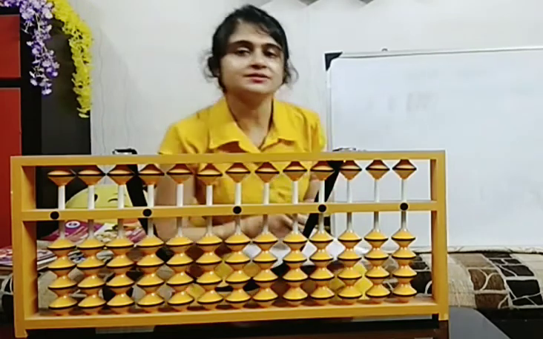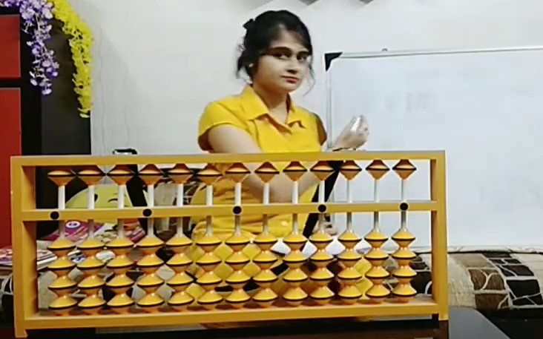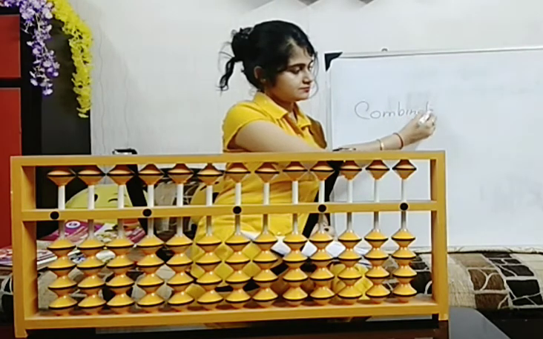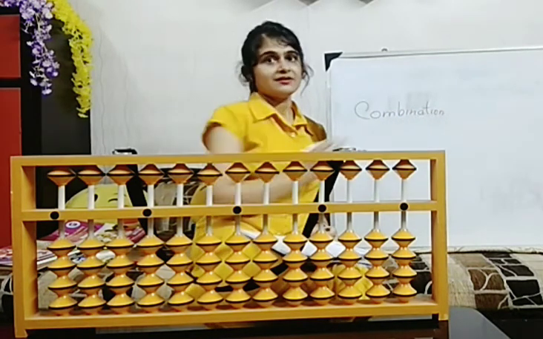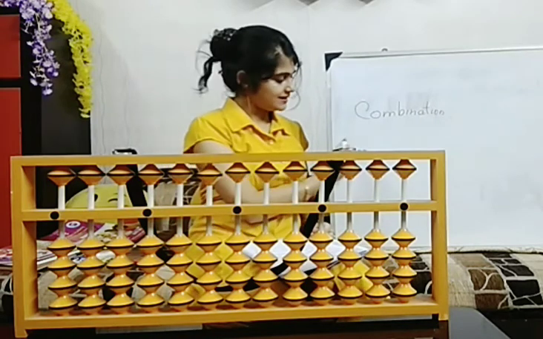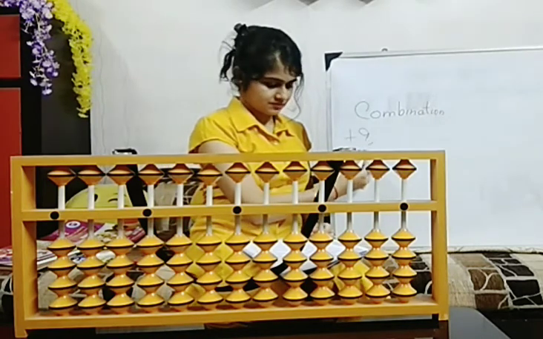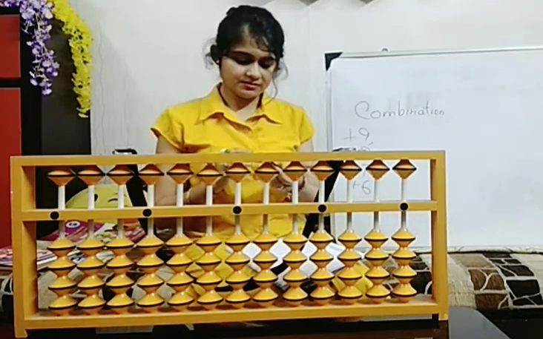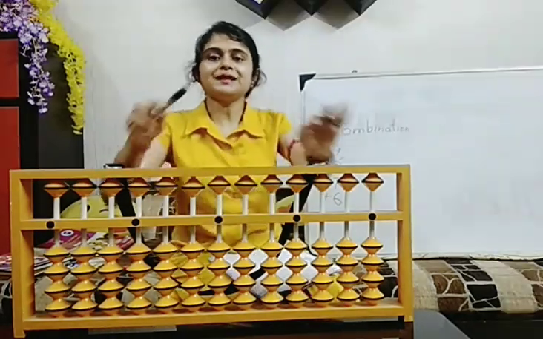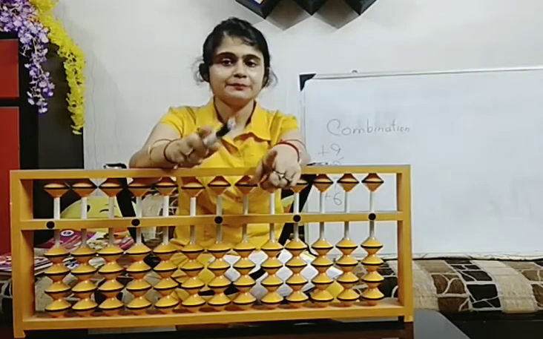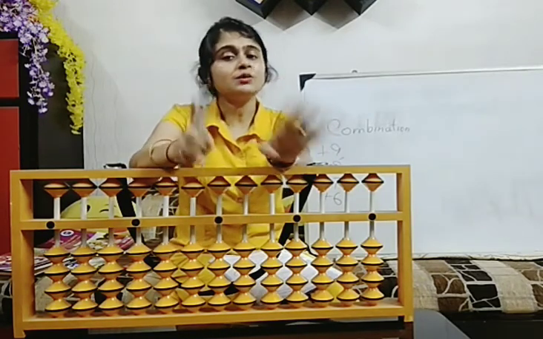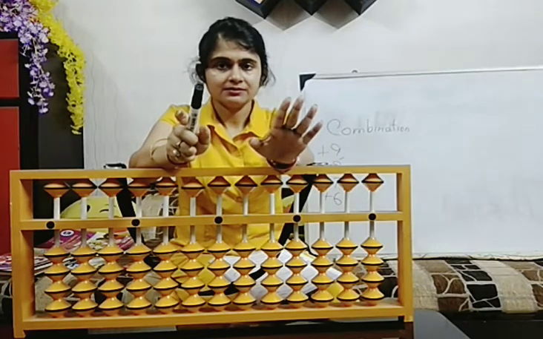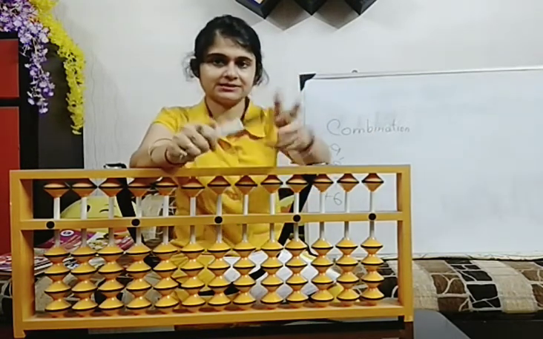Now in combination, when we were doing combination, what we have learnt, we have seen plus 9, plus 8, plus 7, plus 6. Only 4 formulas are there. You look at me and listen.